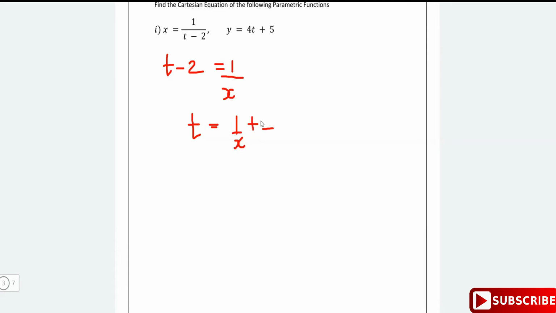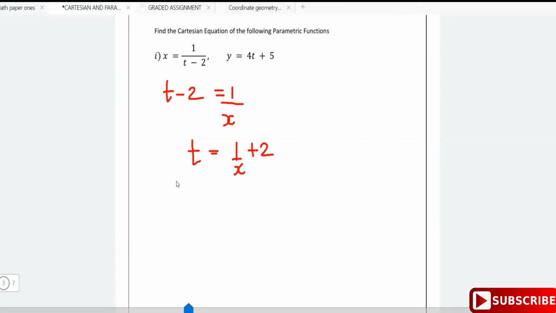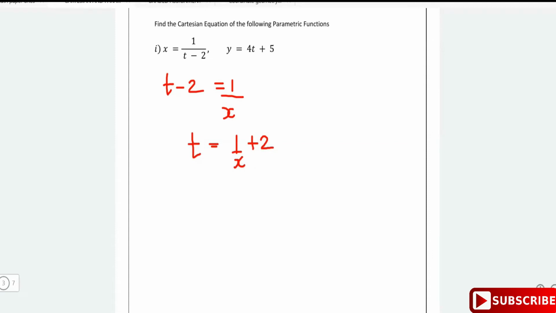Then what you're going to do is substitute t equals 1 over x plus 2 into y. So we sub t into y.